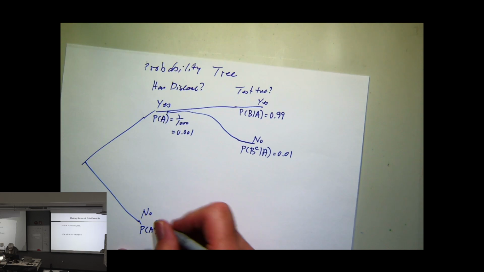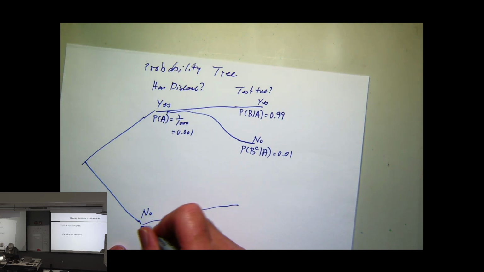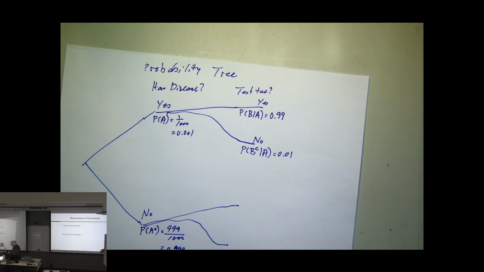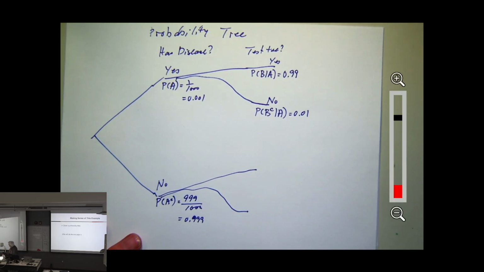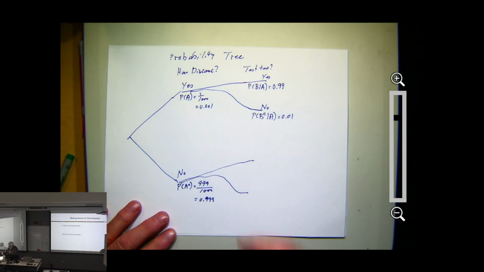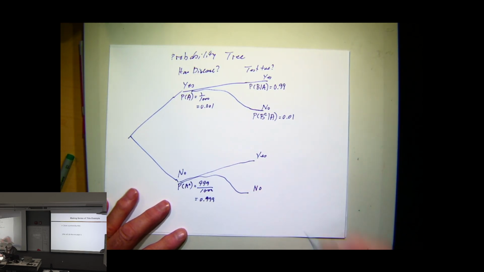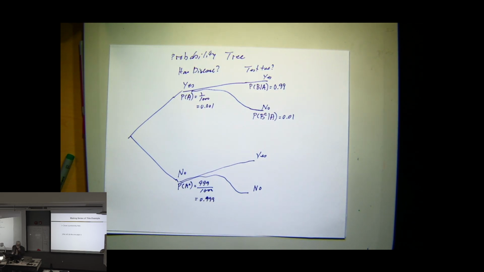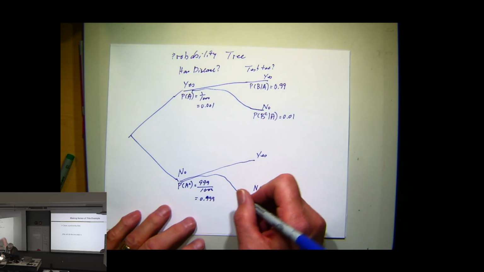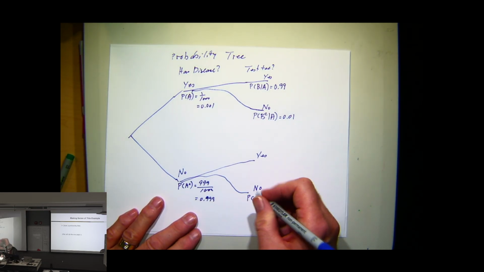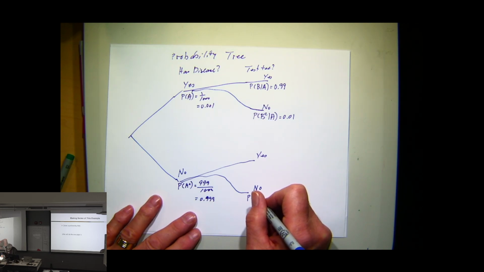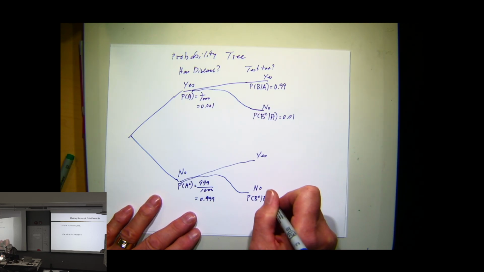Now, if a person doesn't have the disease, and my branches are kind of crooked because I have to wrap around my writing, again, I could either get a positive diagnosis or a negative diagnosis. And what were we told? We were told the probability of B complement given A complement was 0.98. In other words, the probability of getting a negative diagnosis if you don't have the disease is 0.98. So that is the probability of B complement given A complement.